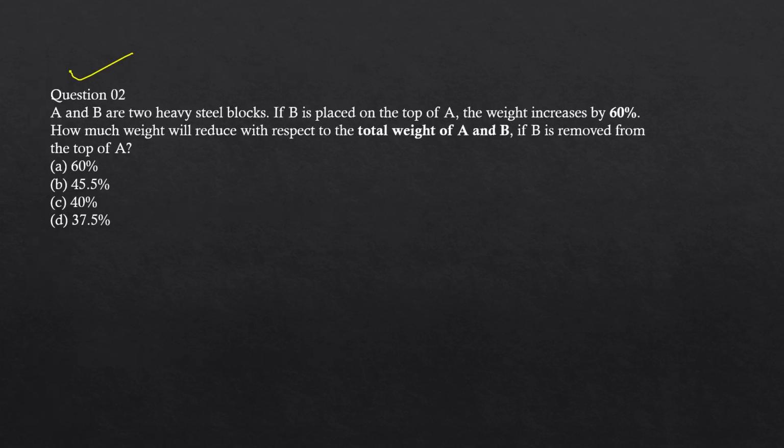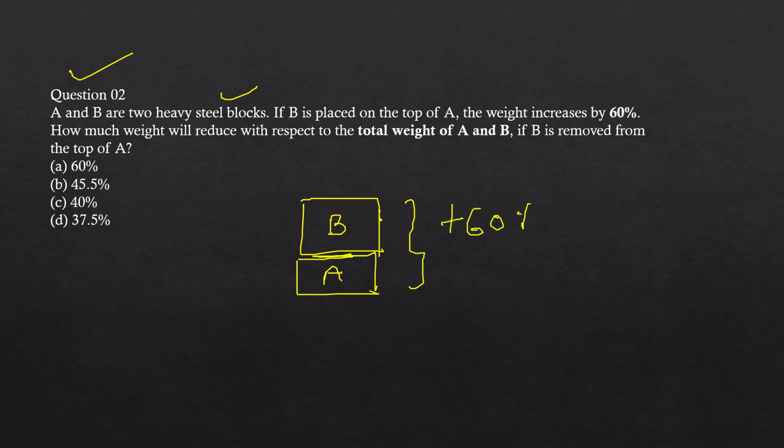Question number 2. A and B are two heavy steel blocks. If B is placed on the top of A, the total weight increases by 60%.